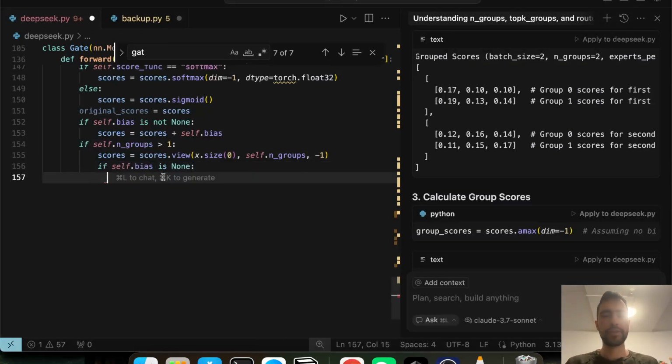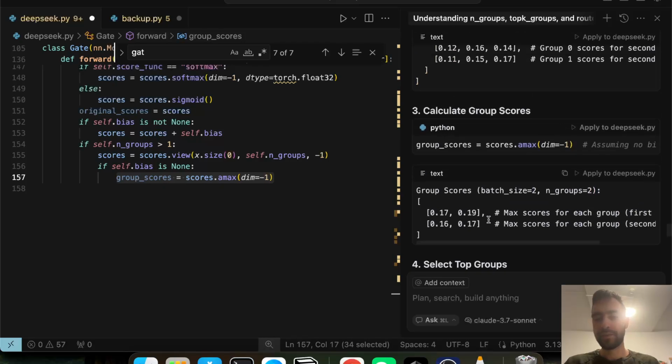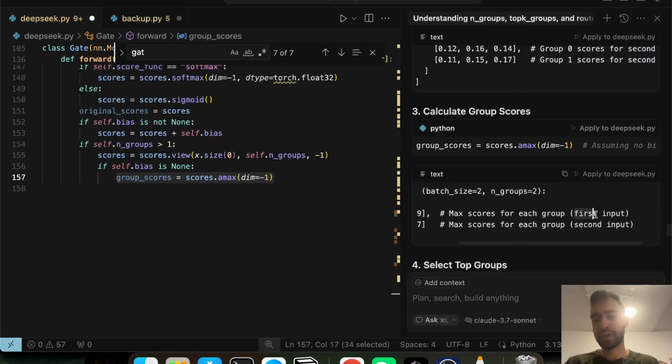Then, if there is no bias, we will just calculate group scores. So we will use scores.amax amongst the last dimension. So what this will do is, I will show you. So here we have 2 vectors. The first vector says max scores for each group for first input.